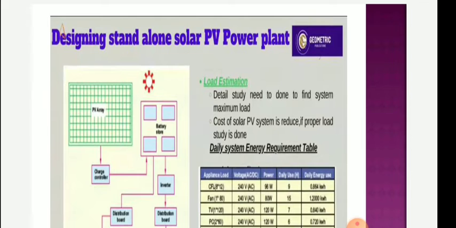Next, designing a standalone solar PV system, without any backup from the grid, a separate solar panel system. Here one working example is given, showing how it is made. The panel is there, then the solar array, then it is taken to the battery storage. From the battery storage, an inverter can give AC supply.